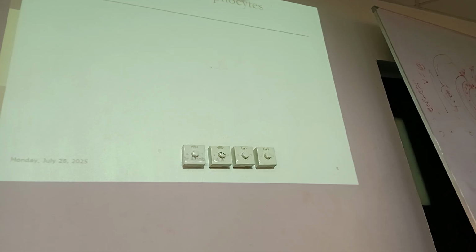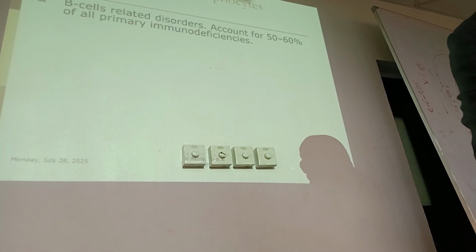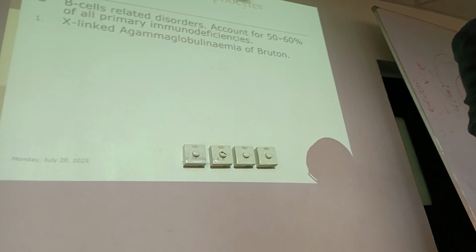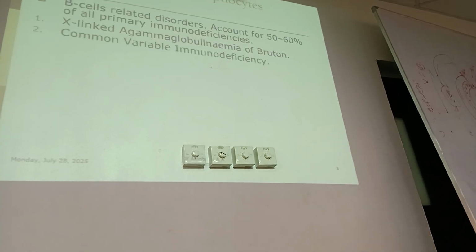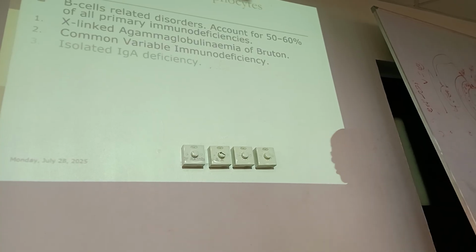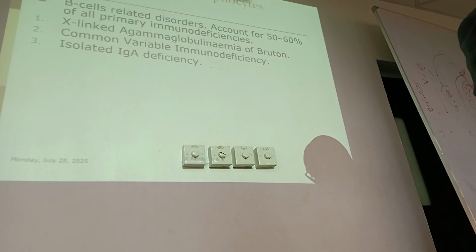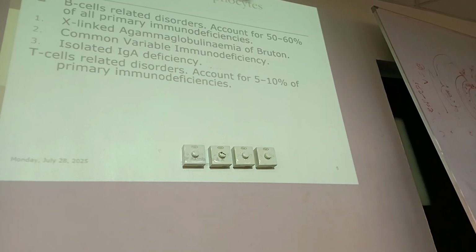So we'll be talking about the inherited immunodeficiency now, one after the other. You have the B cell related diseases that account for more than half, and the first one is X-linked agammaglobulinemia or Bruton, the common variable immunodeficiency. You have the isolated IgA deficiency, and you have the T cell related primary immunodeficiency.